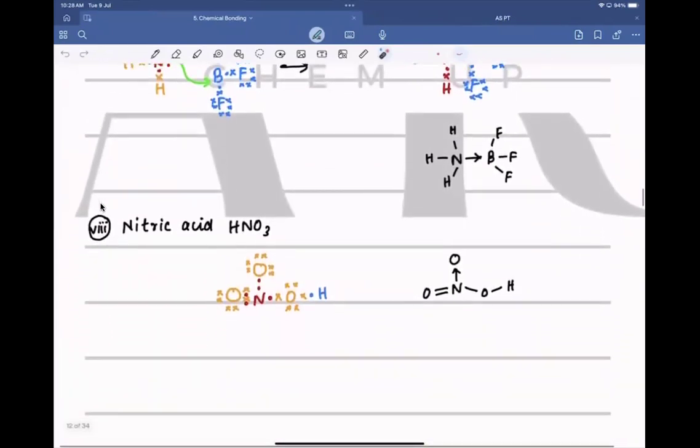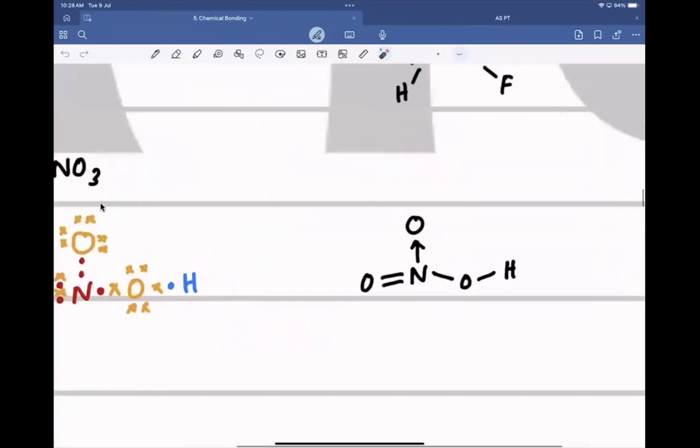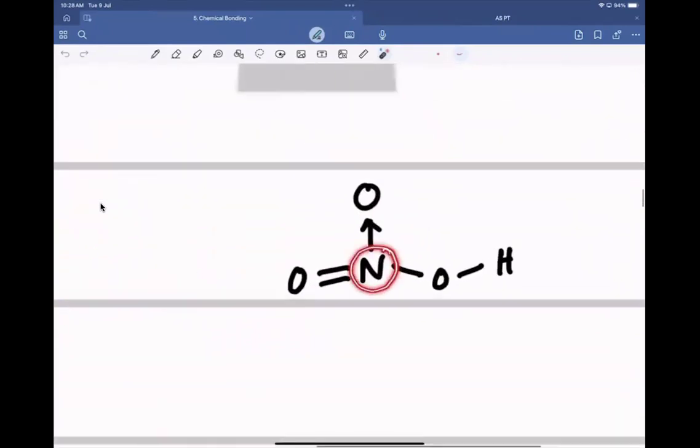So we did these examples earlier. In HNO3, if you look at this nitrogen, how many electron pairs are around this nitrogen? 3. And there is one dative bond. So the lone pair of nitrogen is moved over here, and the 3 unpaired electrons of nitrogen are covalently bonded by the oxygen.